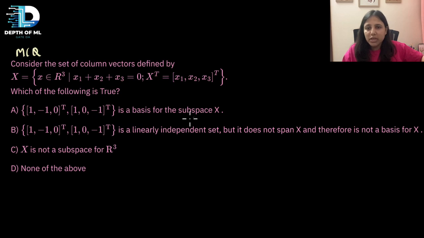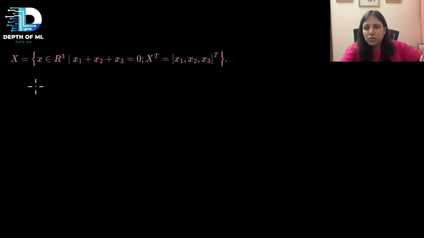Let's see the first statement. It says that (1, -1, 0) transpose and (1, 0, -1) transpose is a basis of the subspace x. So let's see what the subspace x is. We have x1 plus x2 plus x3 is equal to 0.